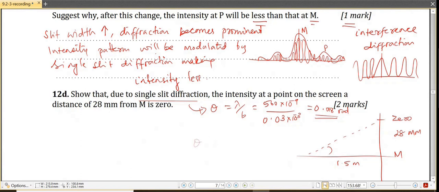So theta equals 28 times 10 to the power -3, the arc, upon radius 1.5. When you do that, here also you will get 0.018. Yes, so the angle formed here corresponds to a minimum angle. Therefore, the intensity at that point will be 0.